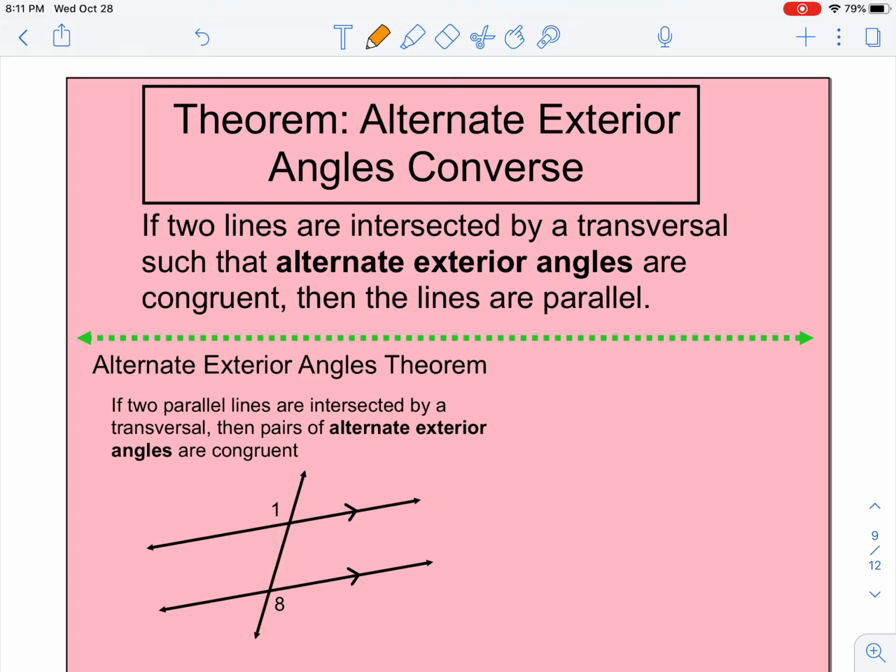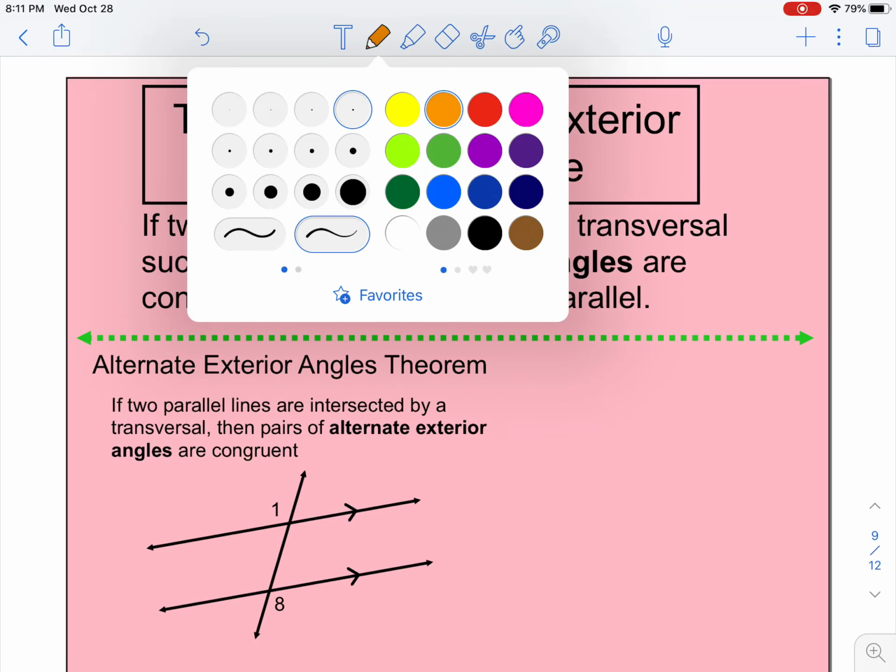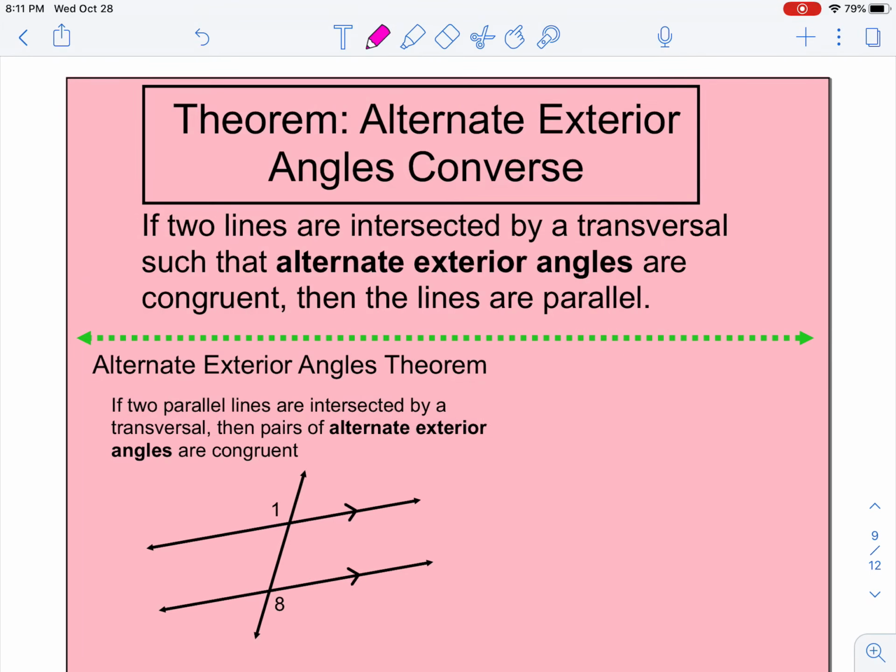And then the same is true for the converse of the alternate exterior angles theorem. So here it says, if two lines are intersected by a transversal such that alternate exterior angles are congruent, so this is our given.